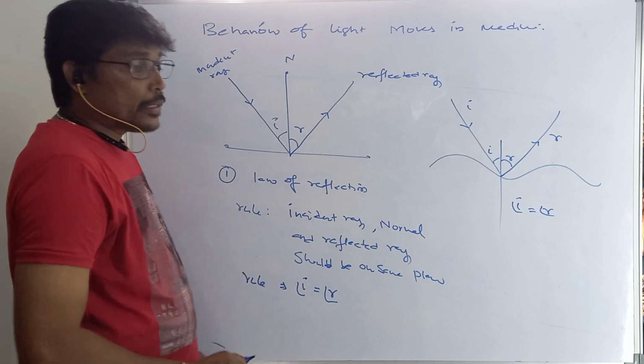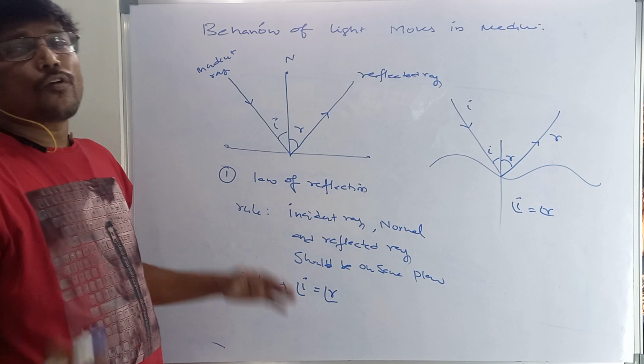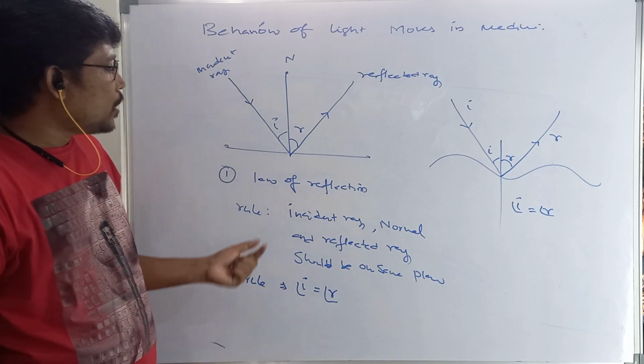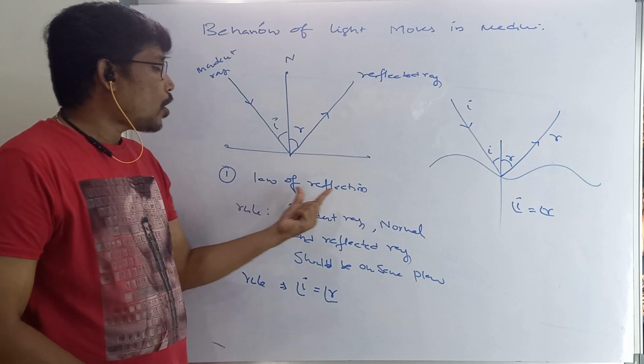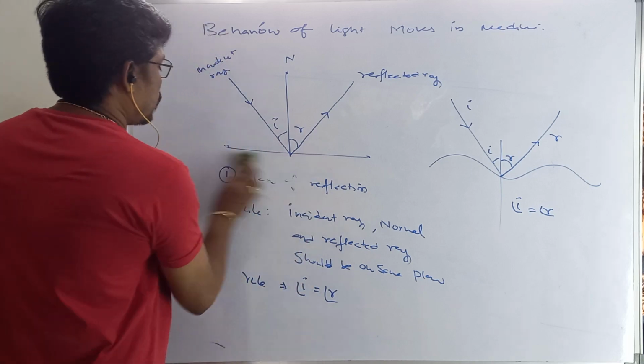Next, the important thing we will discuss in this concept, which is useful for Mains as well as Advanced and AIIMS, is that we have to derive the vector form of the laws of reflection. That is most important in this lecture.